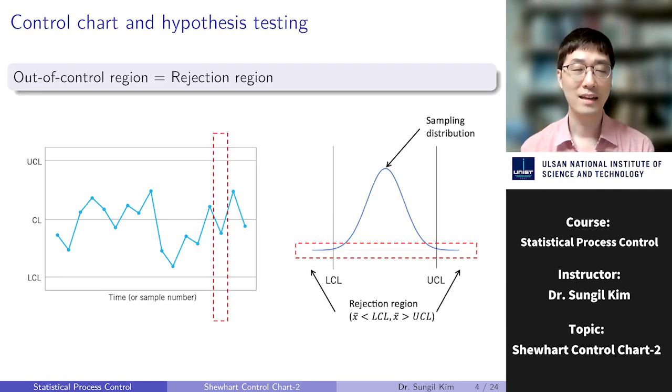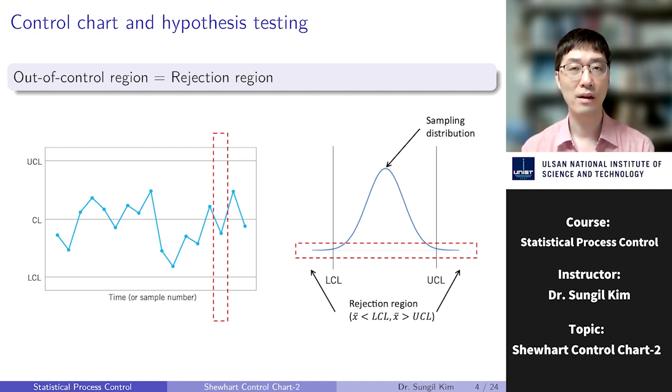In the previous lecture, when we talked about 5 procedures, the 5th step was about decision rules, saying that if the sample statistic is not included in the control limit, we conclude that the process is out of control. That means the interval smaller than the lower control limit and larger than the upper control limit is the out of control region.